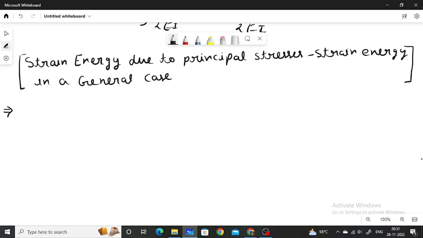Okay, any compound stress condition can always be reduced to the condition of three principal stresses. Thus, the general strain energy equation reduced in terms of three principal stresses can be useful for all the compound loading on a body.